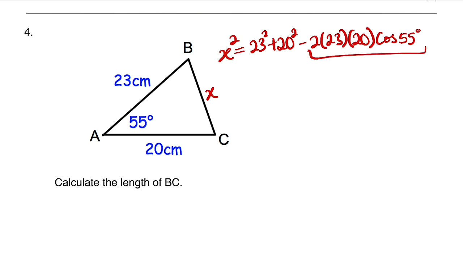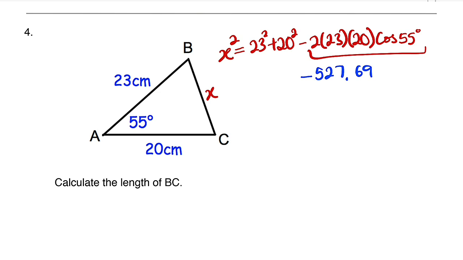So let me simplify this first. 2 multiplied by 23 multiplied by 20 multiplied by cosine of 55 degrees will give us 527.7 in 1 decimal place. So let me write minus here 527.69 in 2 decimal places.